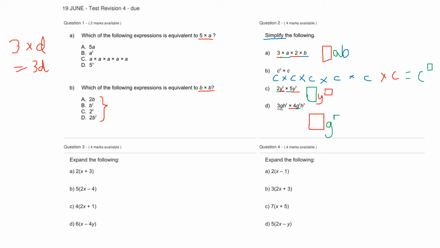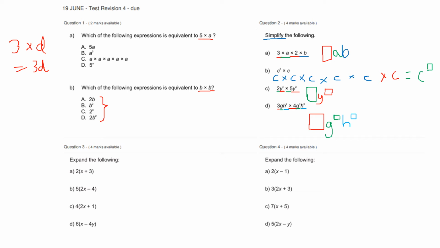And then we've got another letter, we've got the H's, and here we've got H to the power of 2. And here we've got h to the power of 3. So how many h's would that be altogether if I wrote them all out? If I wrote h times h here and h times h times h, how many would that be for the power?